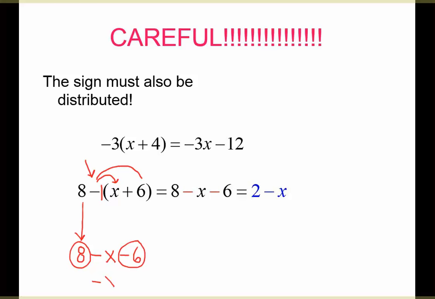So you have a negative x, and you have a positive 2. You can write it this way, negative x plus 2. Or if you want to put the 2 in front, that's what they've done over here. So positive 2 in front and negative x in the back. These two expressions are equivalent. Okay.